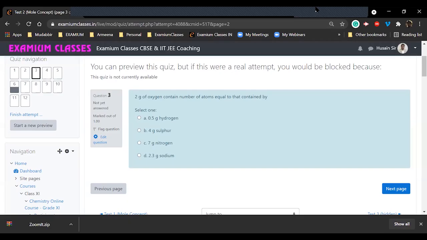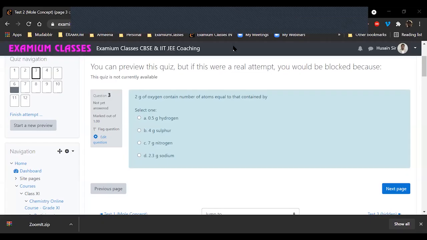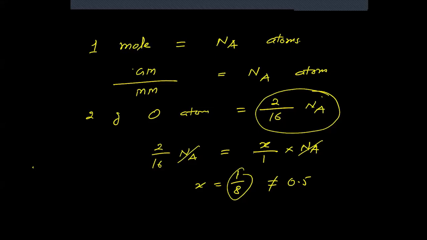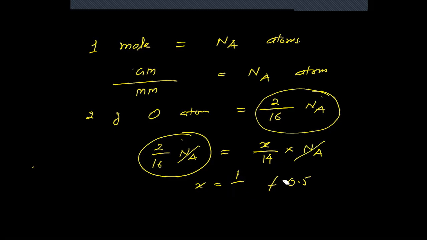Now why is C not correct? I'm just explaining C once more and then I'll move to next question. Nitrogen. If I want to calculate for nitrogen, the atomic mass is 14. So number of oxygen atoms I have already calculated. For nitrogen, X is given mass divided by 14, will be number of moles multiplied by Na. Na got cancelled.